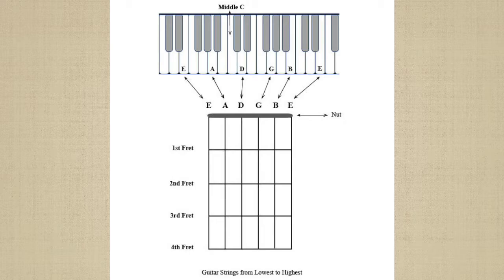But when we play a note for the first fret, we don't actually put our finger on the fret, but we put our finger on the string in between two frets. For the first fret, it would go between the nut and the first fret, and then the second fret, third fret, and so on. And notice that from left to right on this diagram, we have our lowest strings, E, A, and then going towards the right to the highest, D, G, B, E.